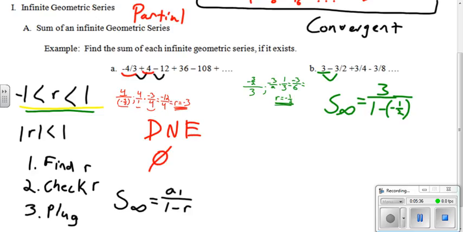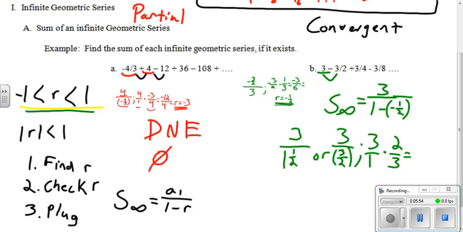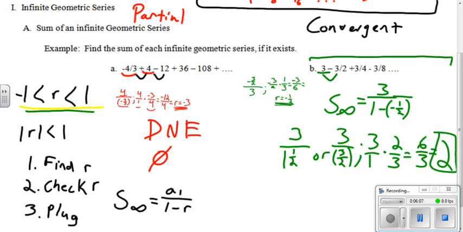So we can either say that it's 3 over 1.5 or 3 over 3/2, which makes things a little bit easier to deal with, because then it's 3 over 1 times the reciprocal of our fraction, 2/3. So then it's 6 over 3, which is the same as 2. So if we were going to take all of these numbers forever, add them all up, they would sum up to 2.